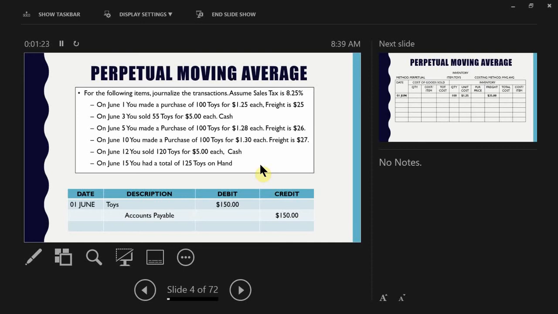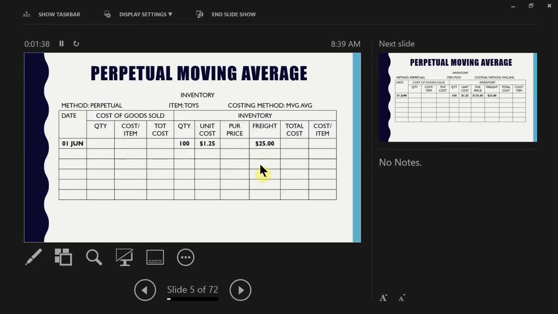Okay, so on June 1st, you made a purchase of 100 toys at $1.25 each, and freight is $25. Okay, so there's the journal for that. So we're going to plug in our numbers. We have a total quantity of 100, and your cost per item is going to be $1.25 unit cost, giving us a grand total of $125 plus the freight, which gives us a grand total of $150.